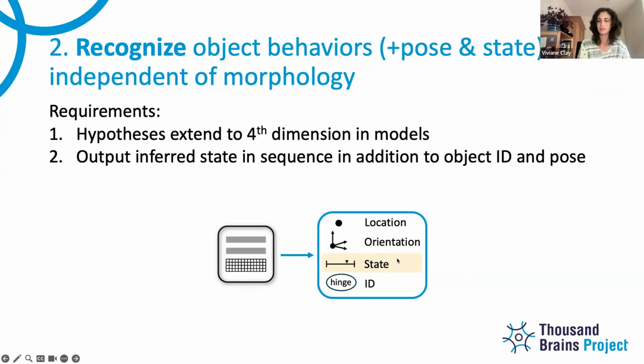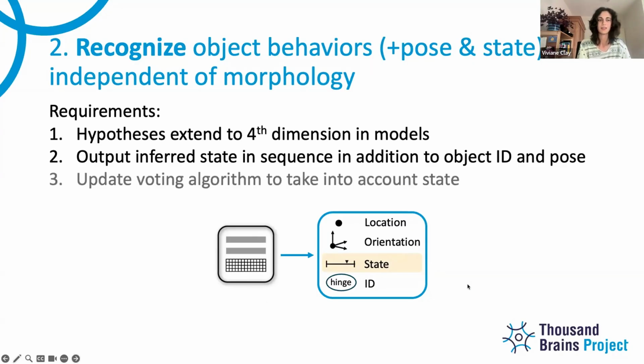We add another field to the state class, though now the term state is really getting overloaded. Maybe this will be like point in sequence or something. And then third, this is a question that we may debate as well: updating our voting algorithm to take into account that state.